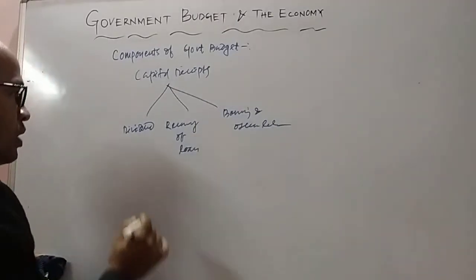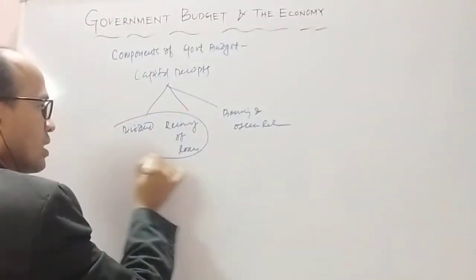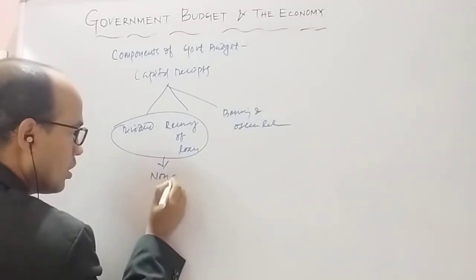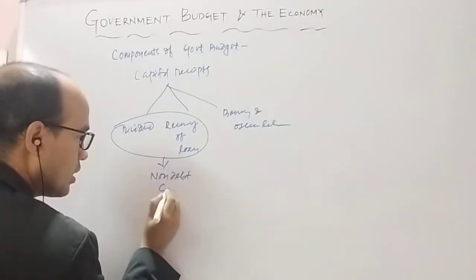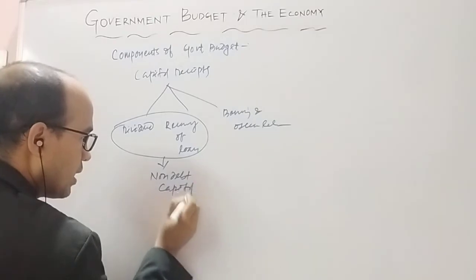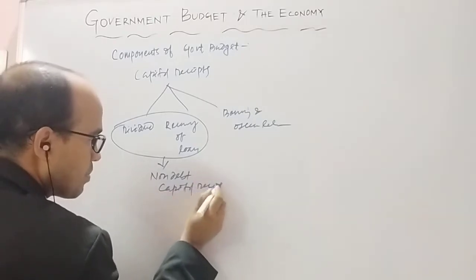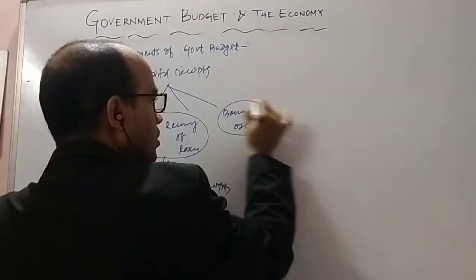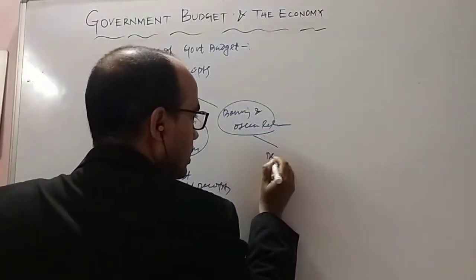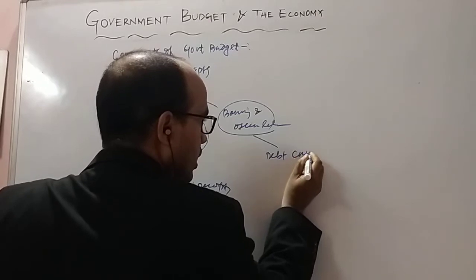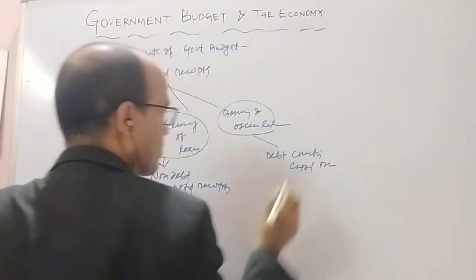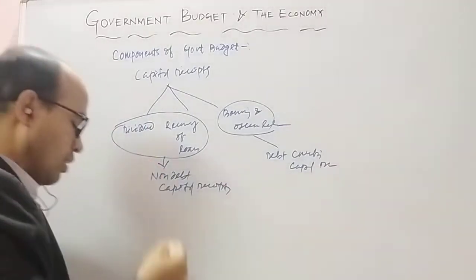Okay. So the first two are known as non-debt capital receipts. And the third one, borrowing and other liabilities, is known as debt creating capital receipts.